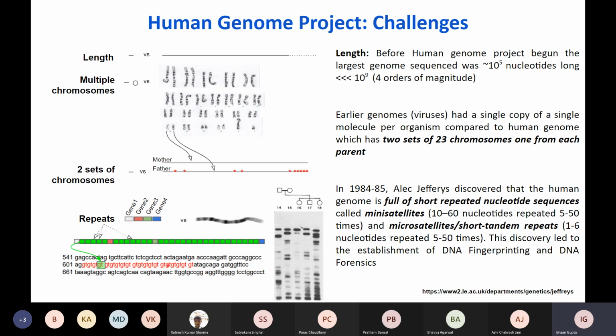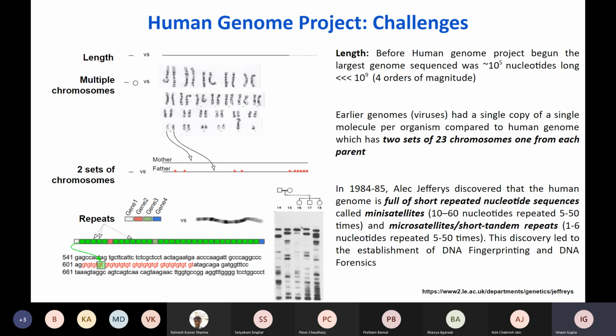You will find it interesting that around 1984 to 85, when these repeats were discovered by Alec Jeffreys, who is now called Sir Alec Jeffreys in the UK, he actually used these repeated microsatellite and minisatellite patterns to fingerprint a human being.